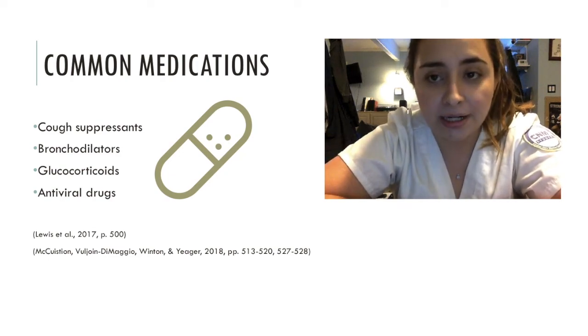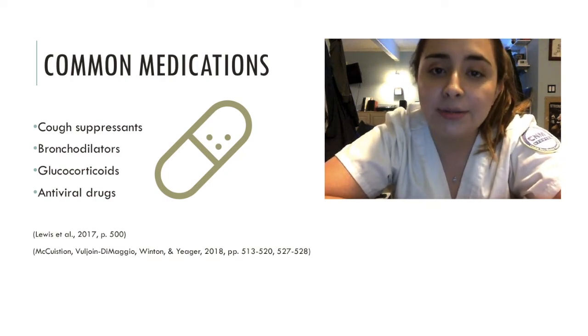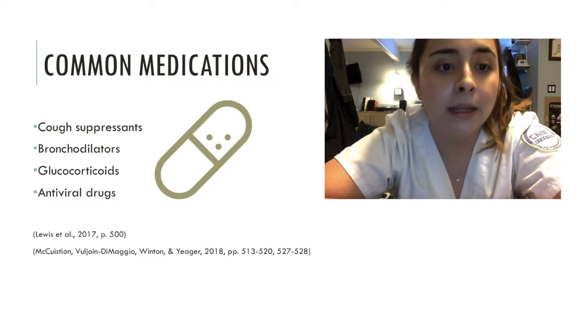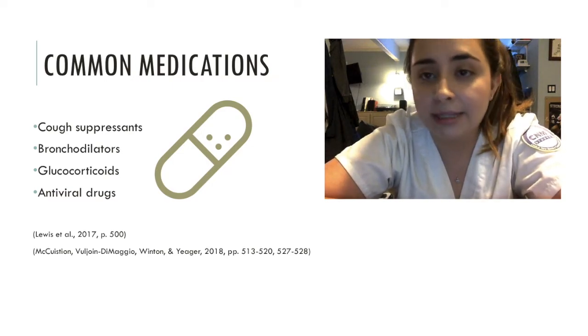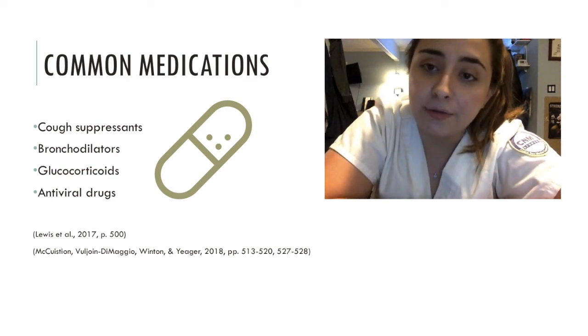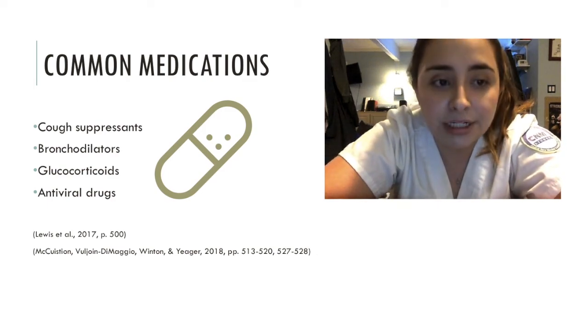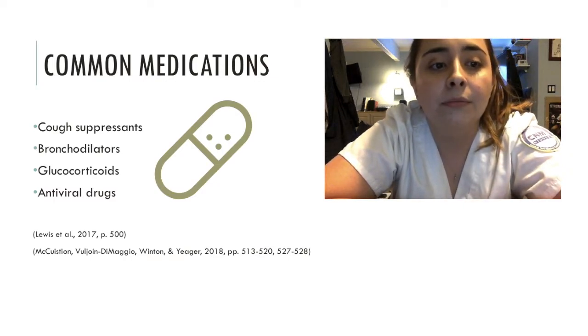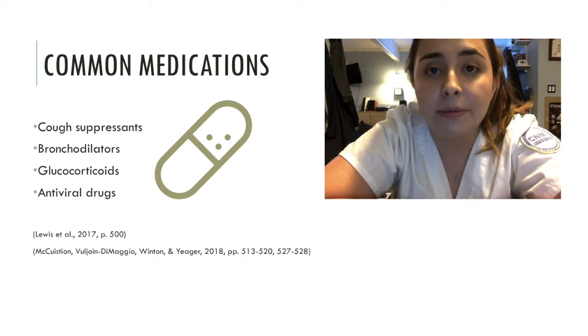Bronchodilators, especially beta-2 agonists, are commonly used in the form of inhalers. Bronchodilators do exactly what the name states. They dilate the bronchioles, then they increase the airflow to the lungs. Beta-2 agonists are specifically discussed for the treatment of bronchitis.